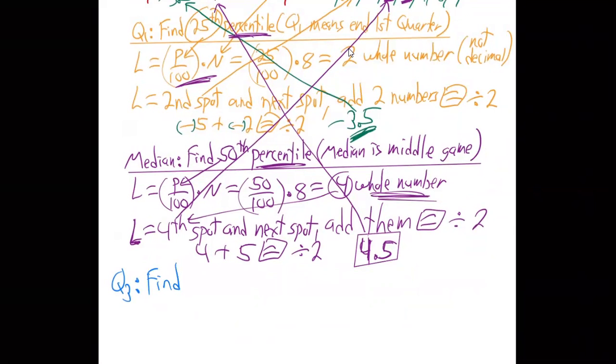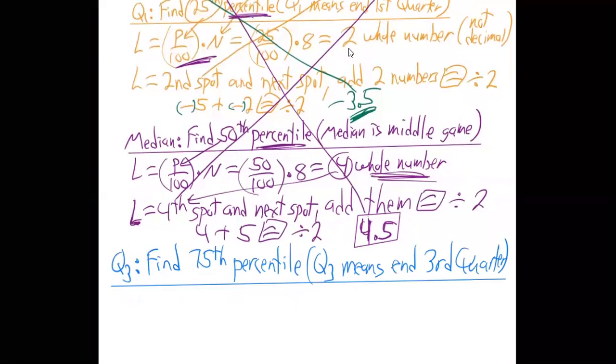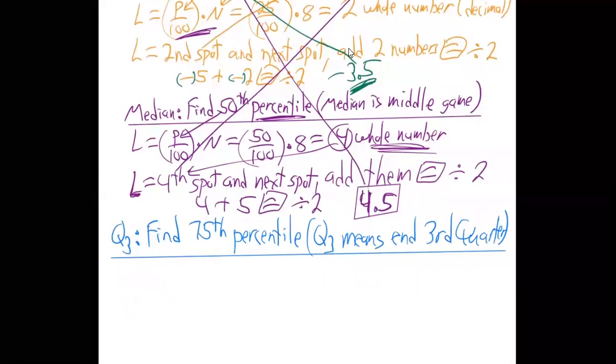Right, because if you're into the third quarter, you're at the 75th percentile. Q3 means the end of the third quarter. So if I'm watching a football game or basketball game, Q3 is the end of the third quarter. That means you're 75% of the way through the game.